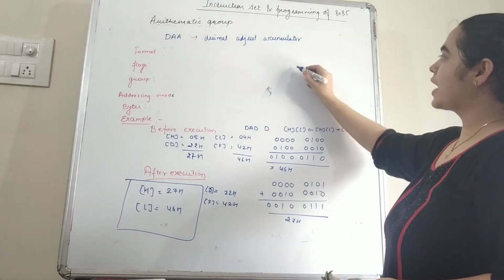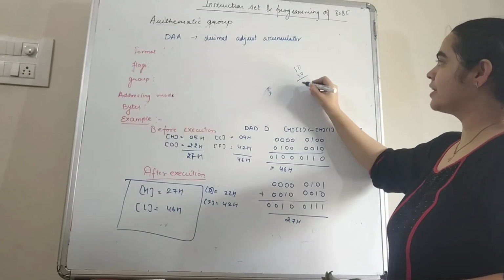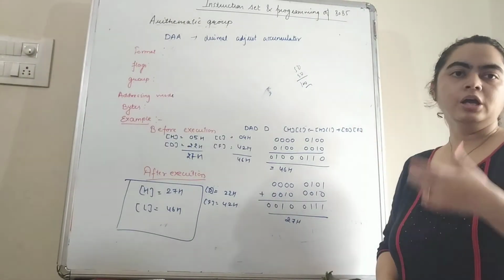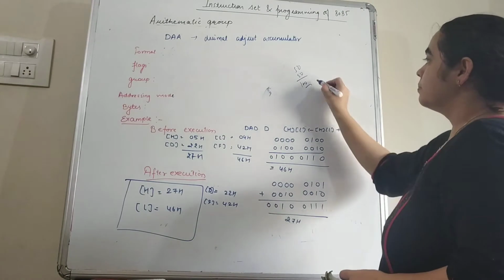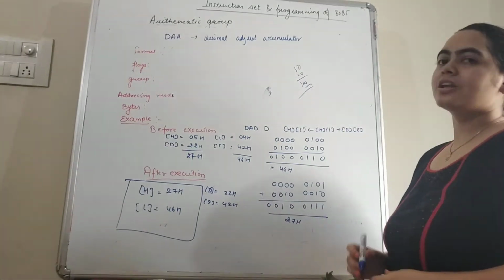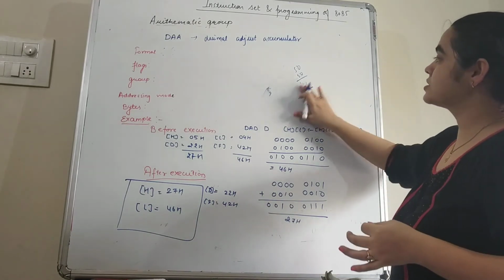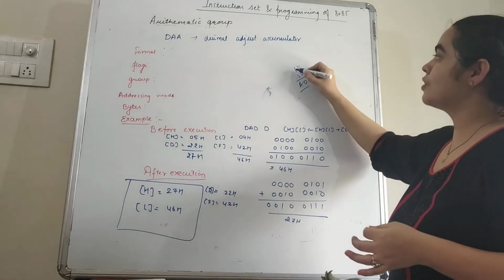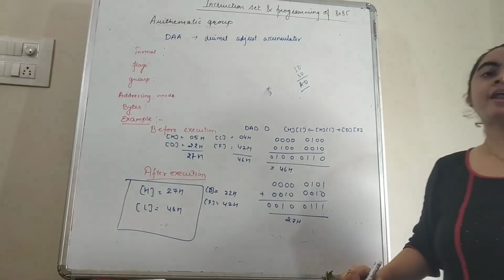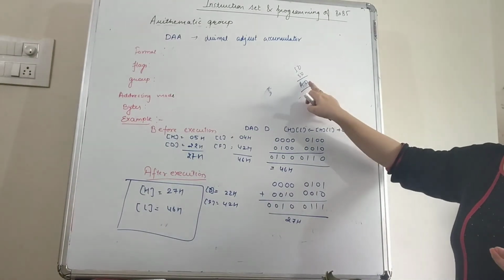That means if you add 50 and 50, the result shown on the swipe machine is 100. But in hexadecimal, if we add these two numbers using the 8085 microprocessor, it will show A0, because 5 and 5 is 10, and in hexadecimal we write 10 as A.